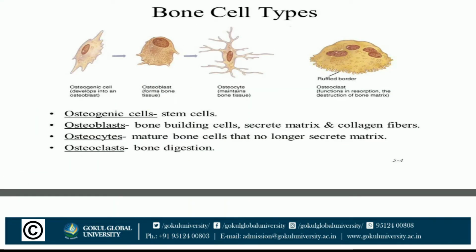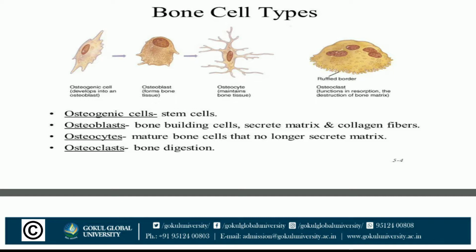In this diagram you can see first osteogenic cells, which develop into an osteoblast. Second, osteoblast forms bone tissue. Then osteocytes maintain bone tissue. Then osteoclast functions in resorption, the destruction of the bone matrix, at the time of bone growth, development of bone and remodeling.